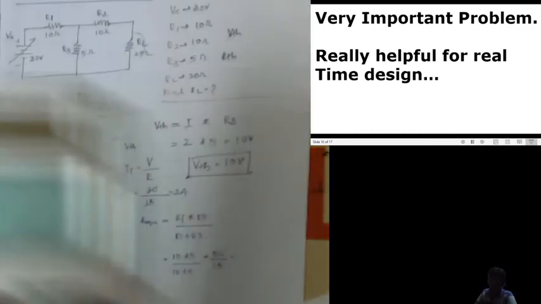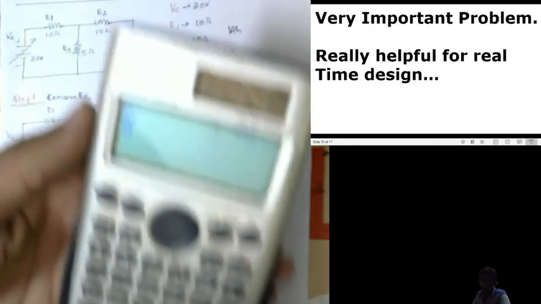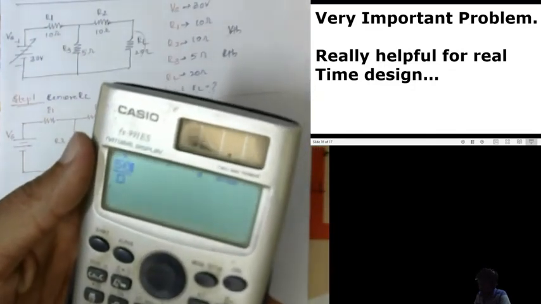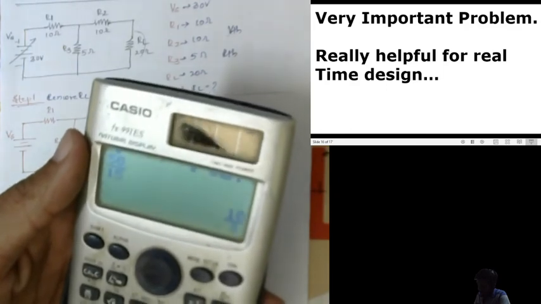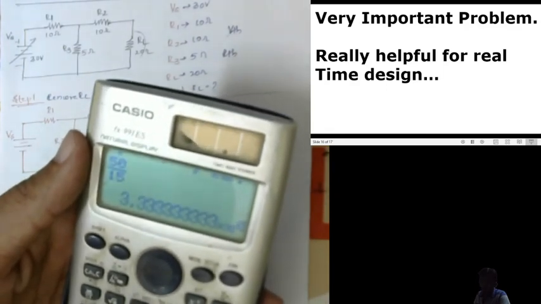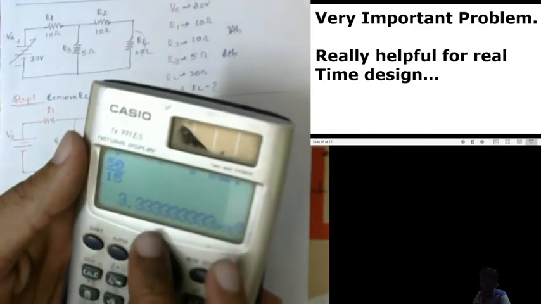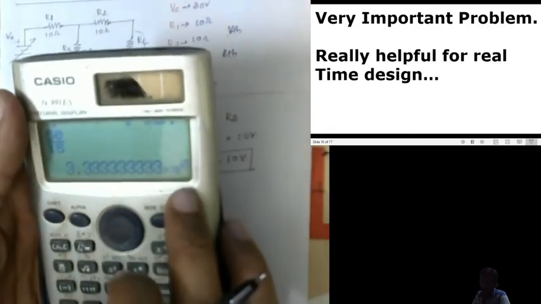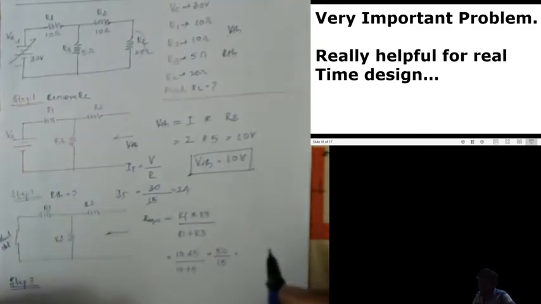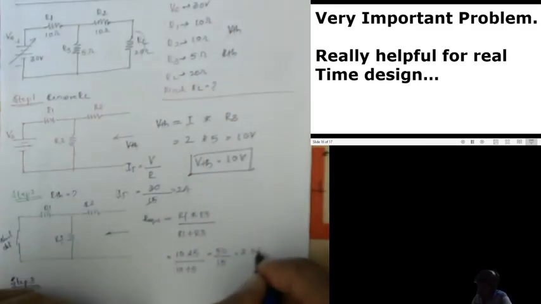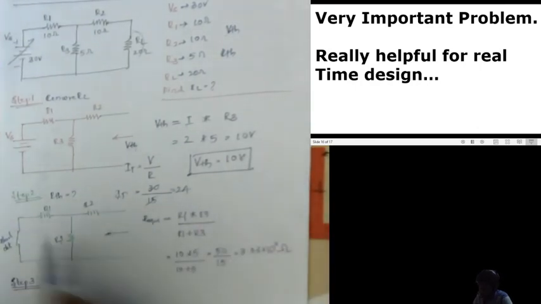So 50 divided by 15 is 3.33 into 10 to the power of 0. This is the R equivalent. The R equivalent for these two resistors connected in parallel is 3.33.